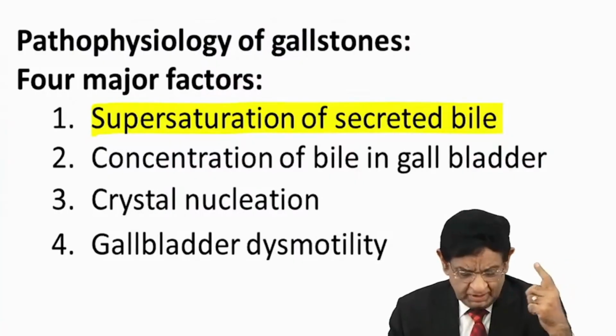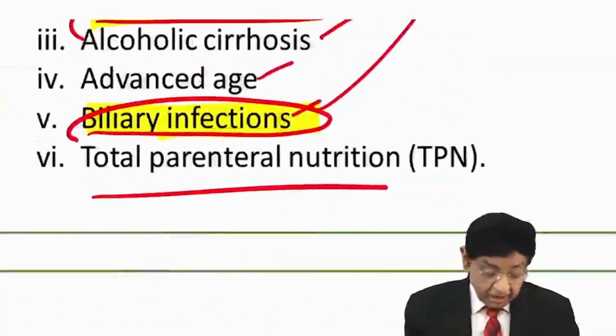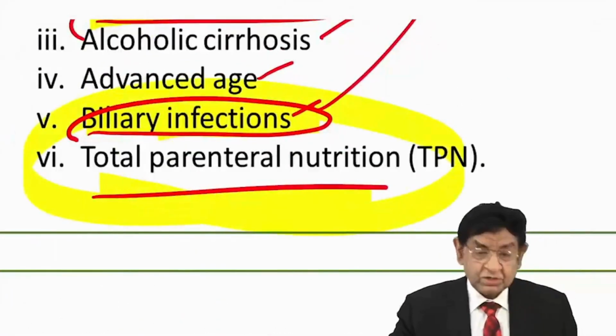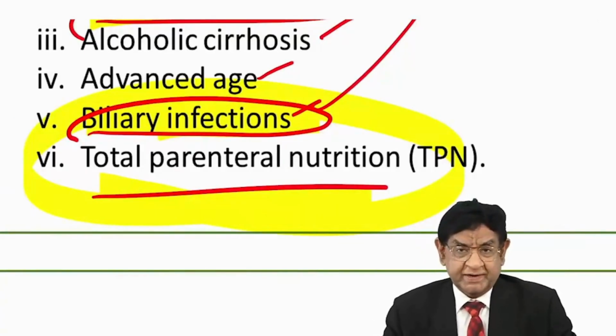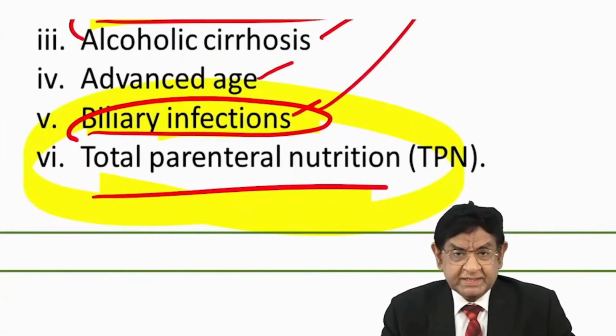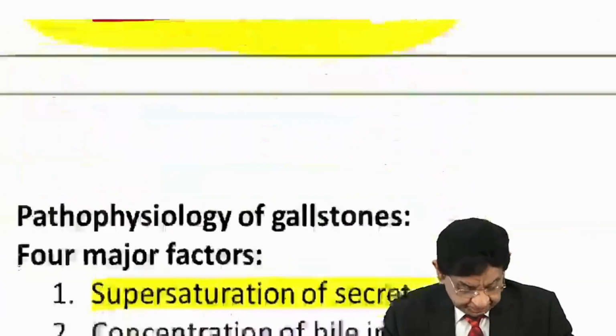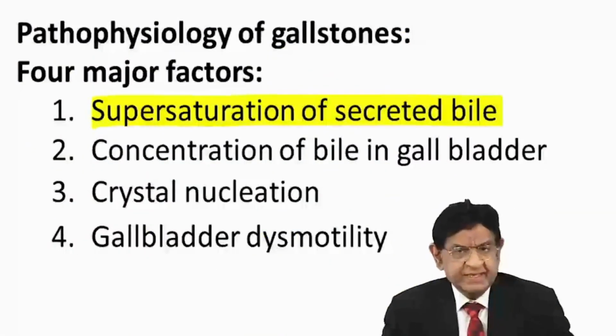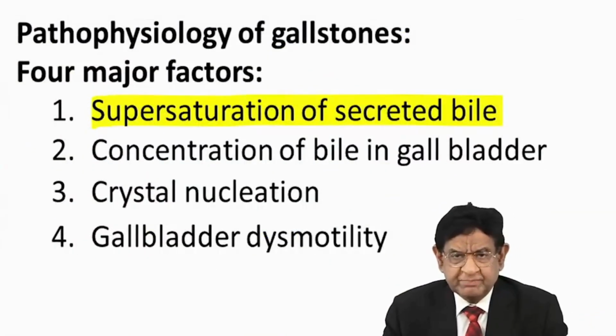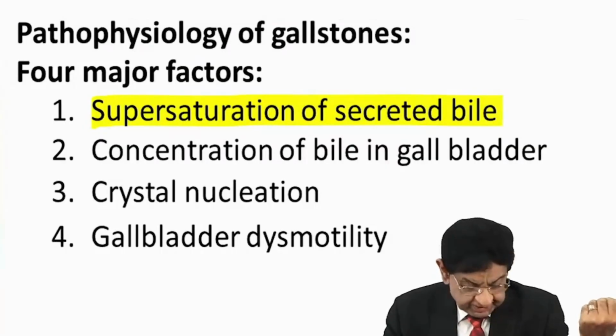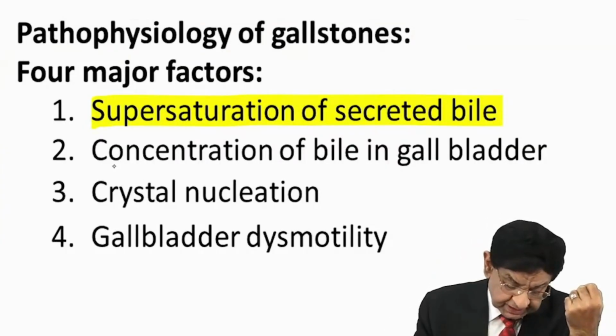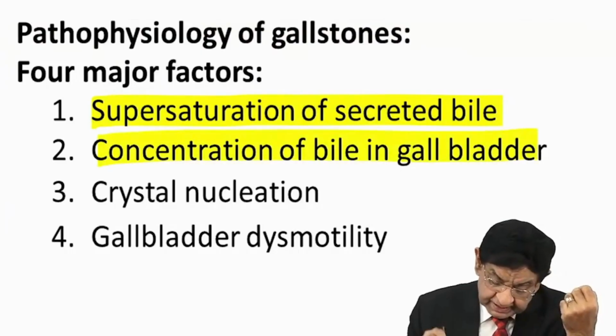Can you think about it? Yes, total parenteral nutrition. The patient is given intravenous nutrition and nothing comes into the GIT. This is how TPN can predispose to the formation of stone. Otherwise, cystic duct blockage can also produce the same supersaturation, concentration of the bile.